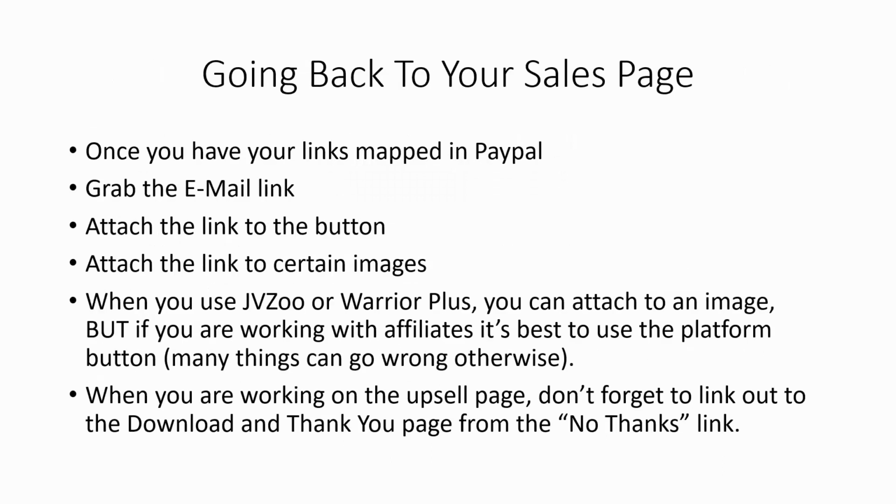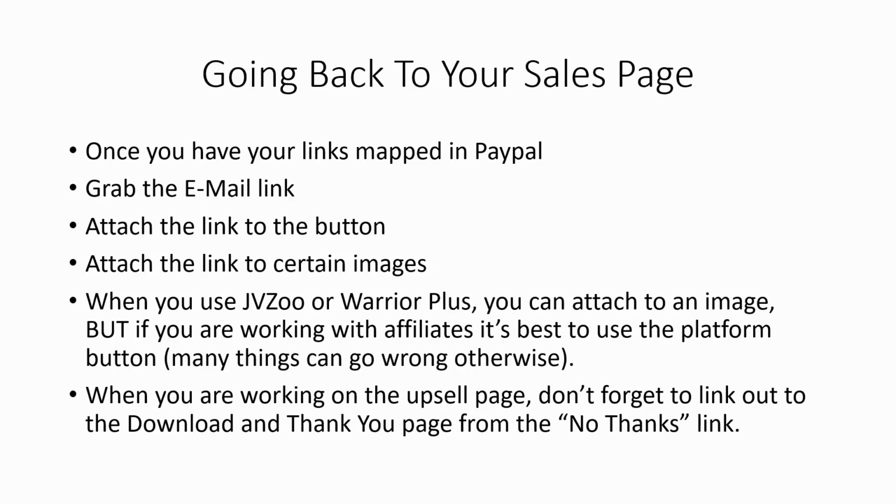Okay, just briefly, I want to talk you through this process. We have this email link that we picked up, and we're going to go back and link it to the button on the sales page. If you decide to use JVZoo Warrior Plus, I'm going to suggest that you don't try to use those links with your own button. I know people do it.